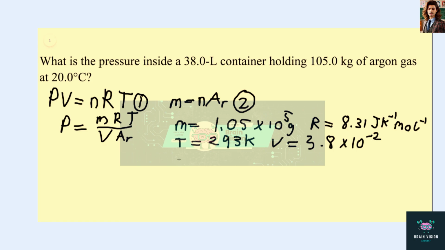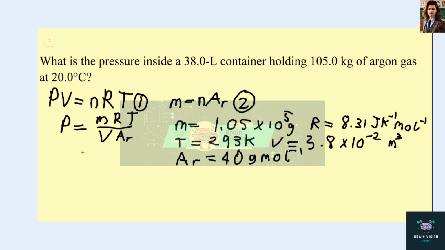The standard atomic weight of argon is normally given as 39.88, but in this question I believe they're using 40, otherwise you get a slightly different answer to the one they set out. So it's 40, and the units are grams per mole, or grams mole to the minus 1.